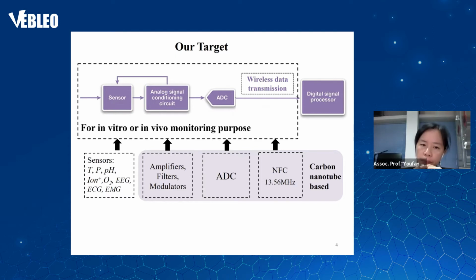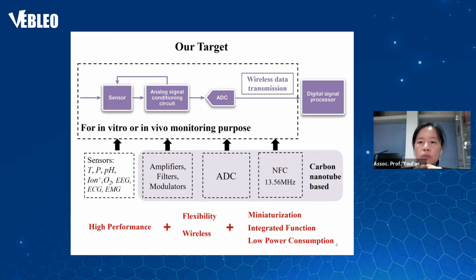In such a system, we have sensors which can handle the signal from the biological surface. We also fabricated carbon nanotube-based flexible ICs, which can provide in-situ signal processing capability.